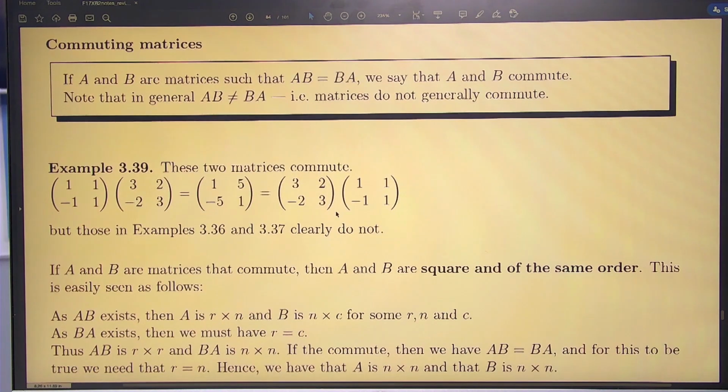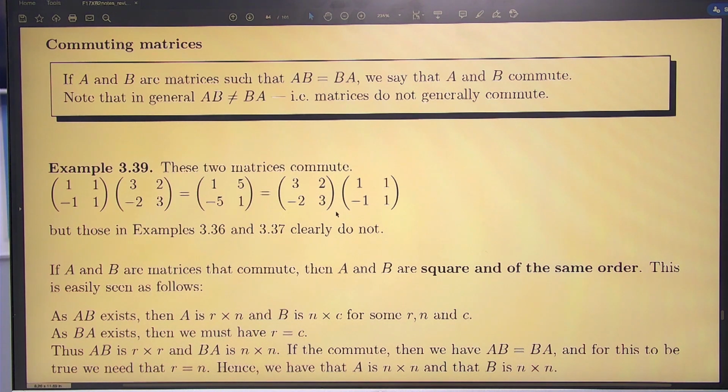Well, commuting matrices, guys, I want to mention here. If A and B are matrices such that AB is equal to BA, we say that... this is not true for all cases. Generally, this is not true.